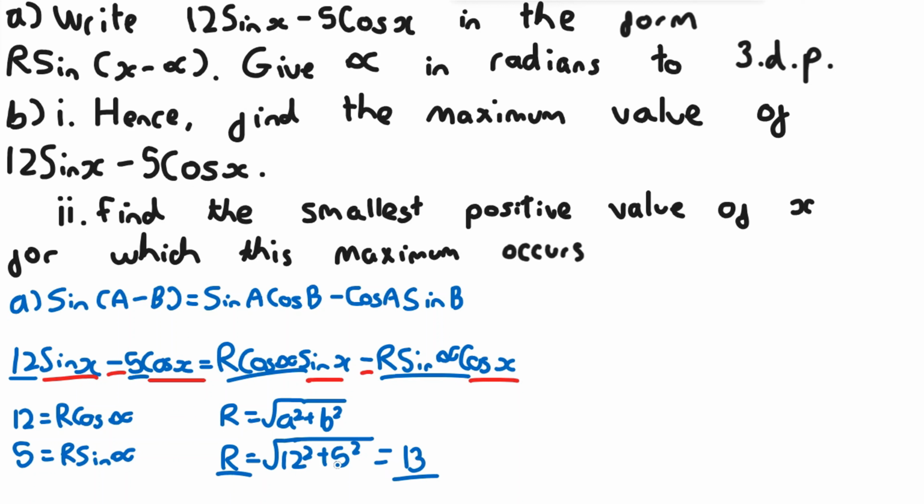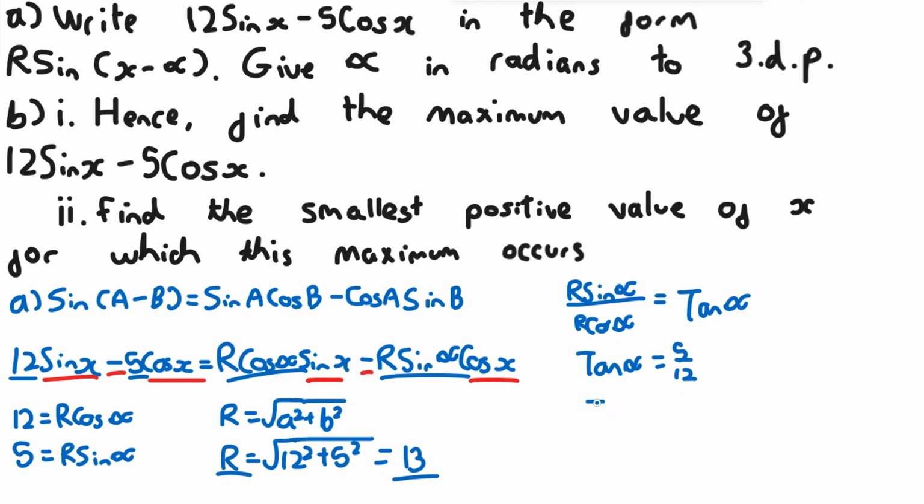So r is equal to 13, and we can figure out alpha by doing r sin of alpha over r cos of alpha, where the r's cancel out, and then sin alpha over cos alpha is equal to tan alpha. So tan alpha is equal to r sin alpha, which is 5, over r cos of alpha, which is 12.